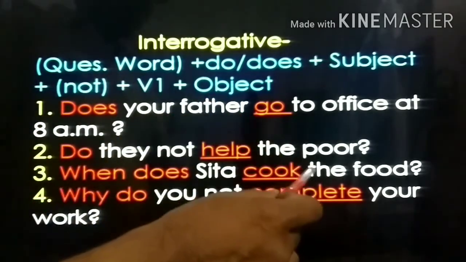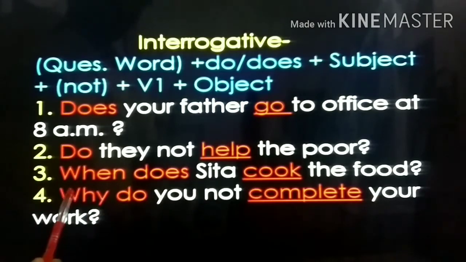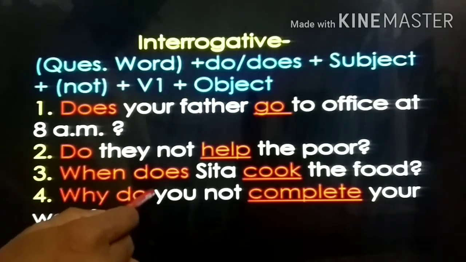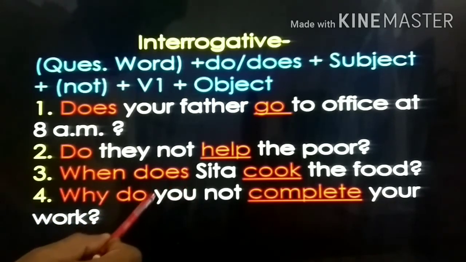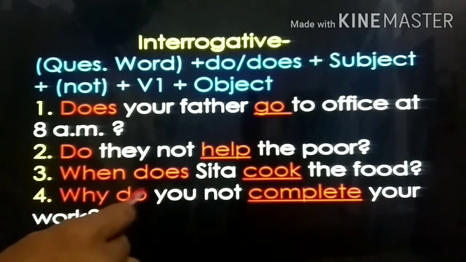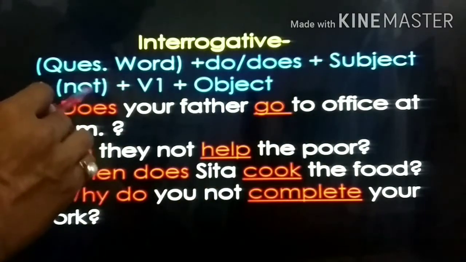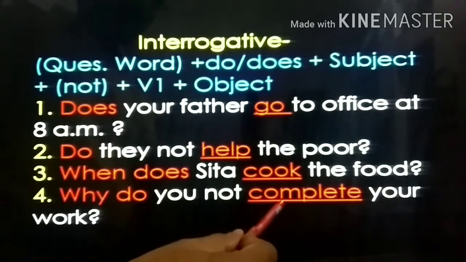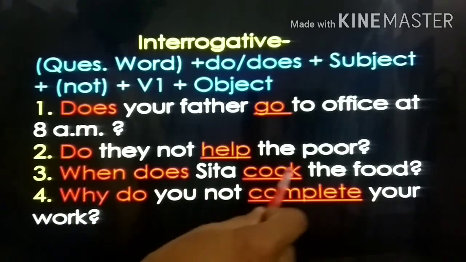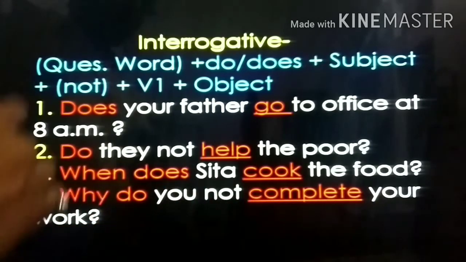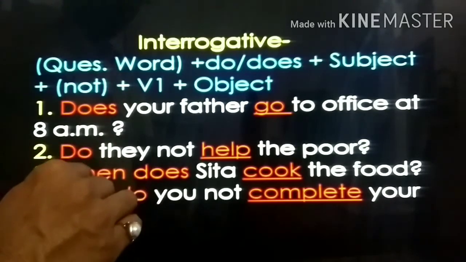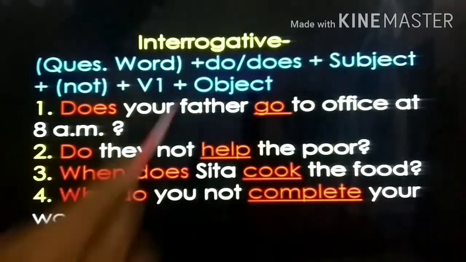Cook, object, the food. Next, question word. Why do you not complete your work? You means plural number, so we have used do. Subject, after that not, first form of the verb, complete, object, your work. So in this sentence we have used question word, do, not, etc.